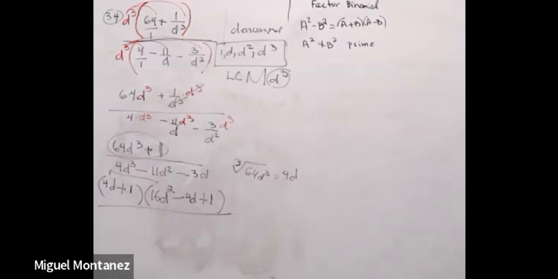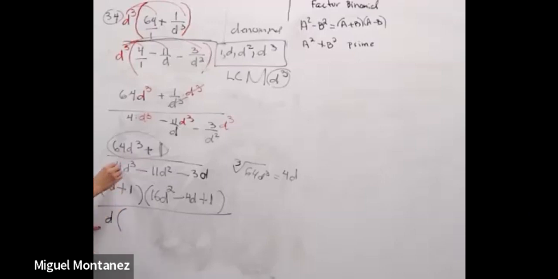Now, the other piece here, 4D cubed minus 11D squared minus 3D. How do we factor this trinomial? What is in common to all the three? We could factor 1D, right?